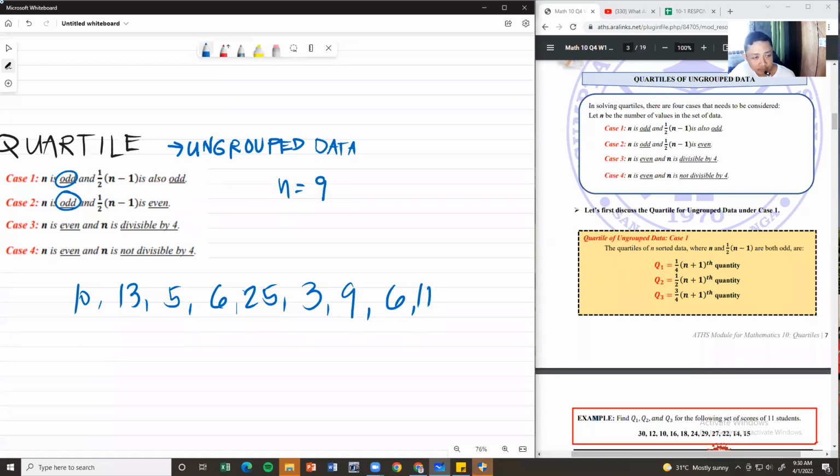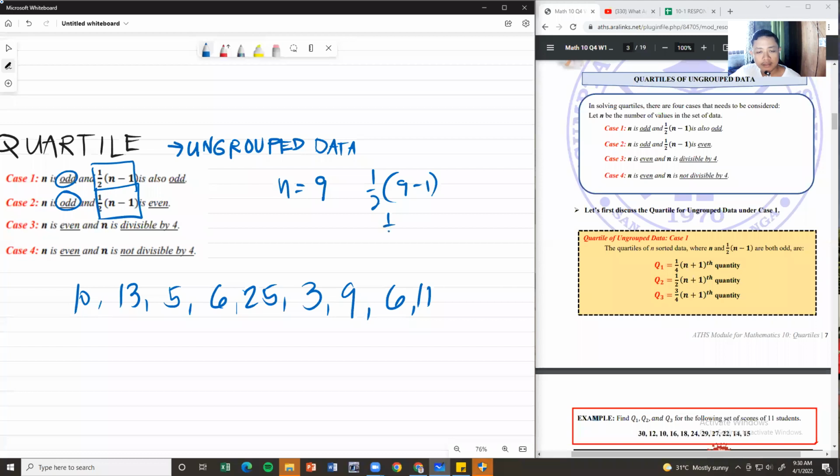Now this will be our deciding factor. Let's use this formula to know if it is for case 1 or case 2. Ready? So we have 1/2 of 9 minus 1.